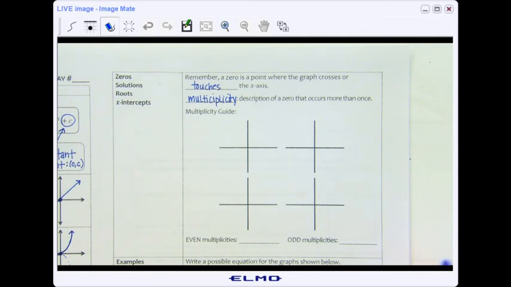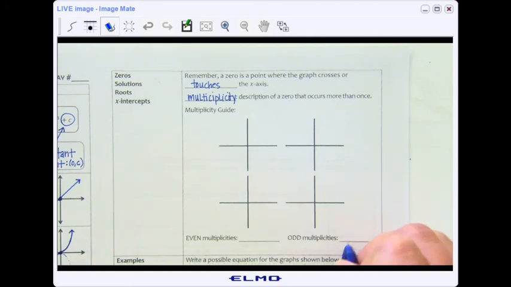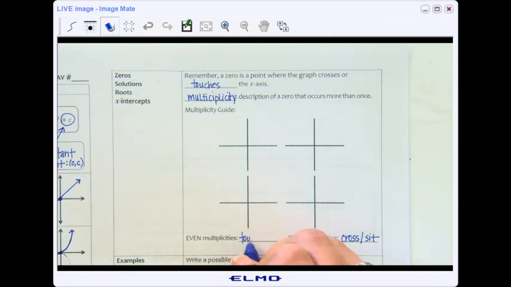If it is an odd multiplicity, then it's either going to cross or sit. If it is an even multiplicity, then it's going to touch or bounce.